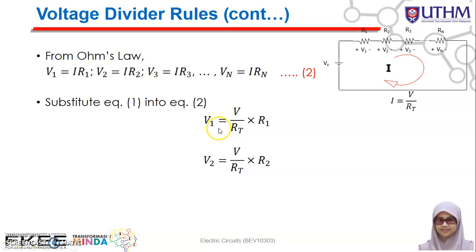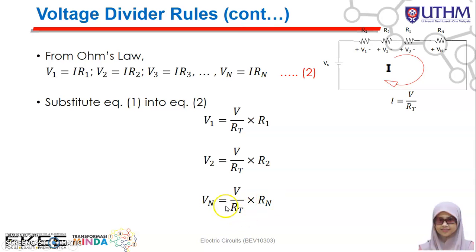So you can get V1 is equal to I, which is V over RT, multiplied with R1. V2 is V over RT multiplied with R2. Vn is equal to V over RT multiplied with Rn, because I is equal to V over RT.